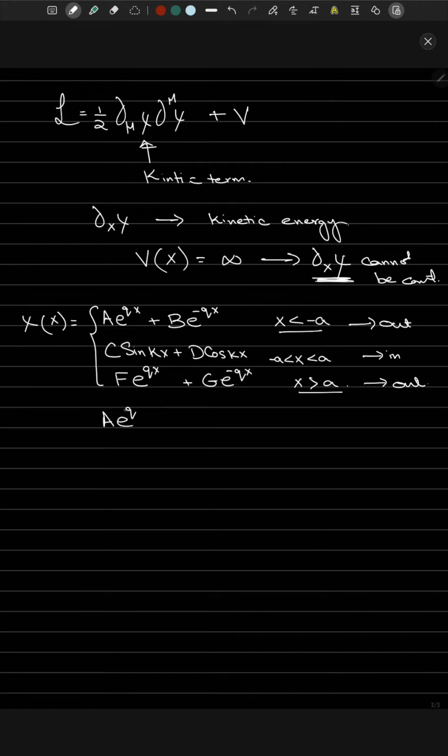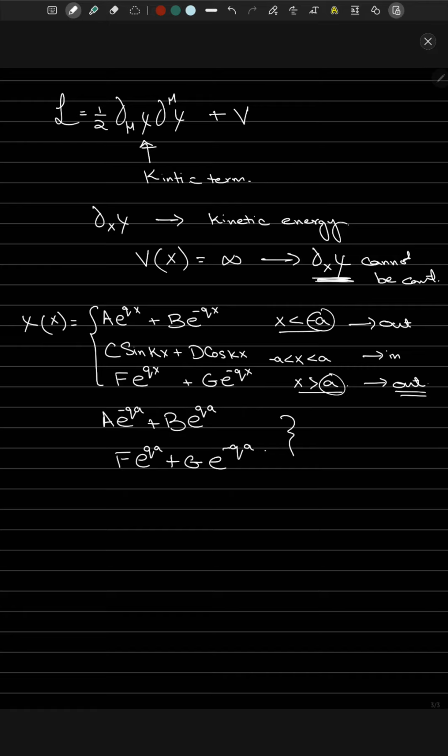First I have e power minus qa, because this is minus a, plus b times exponential, minus multiplied by minus is plus, so you'd have qa. And the second one, for outside, becomes f e power qa, because a is positive now, plus g e power minus qa.